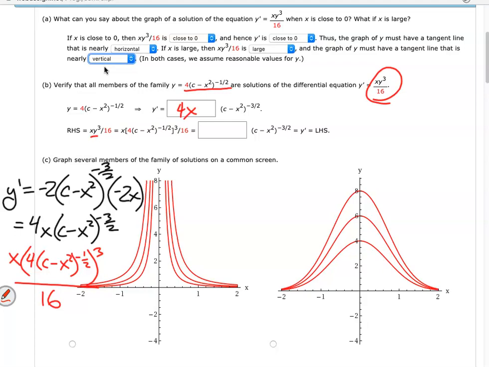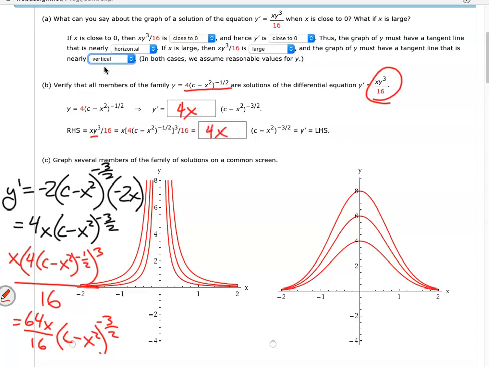All right, so now let's go ahead and cube it. 4 cubed is 64, so I get 64x over 16 times c minus x squared. What's negative 1/2 to the third? Negative 3 halves, right? So again, I have stuff times c minus x squared to the negative 3 halves. What's 64 divided by 16? 4.